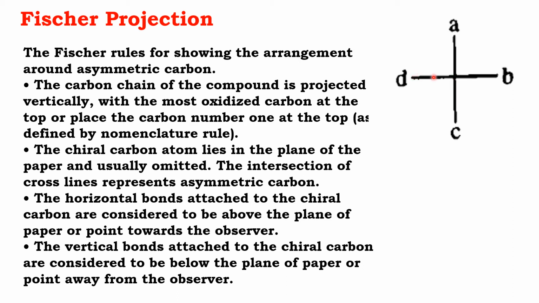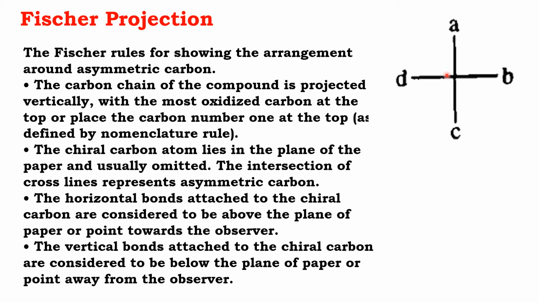When we consider the horizontal bond, we say this is above the plane of the paper, or this bond is projecting towards the observer. That is, the horizontal line depicts that the constituents or atoms present on the horizontal lines are pointing towards the observer.